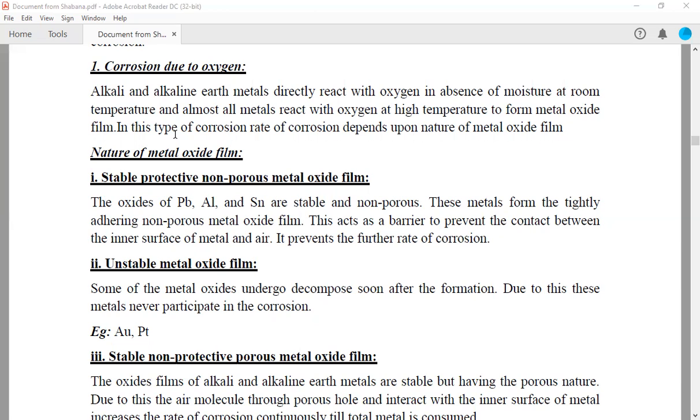Generally, metals are oxidized to a smaller extent, but alkali metals like lithium, sodium, potassium, rubidium, cesium, and francium, and alkali earth metals like beryllium, calcium, magnesium, strontium, are very rapidly oxidized at low temperature, except silver, gold, and platinum. Almost all the metals are oxidized at higher temperature.